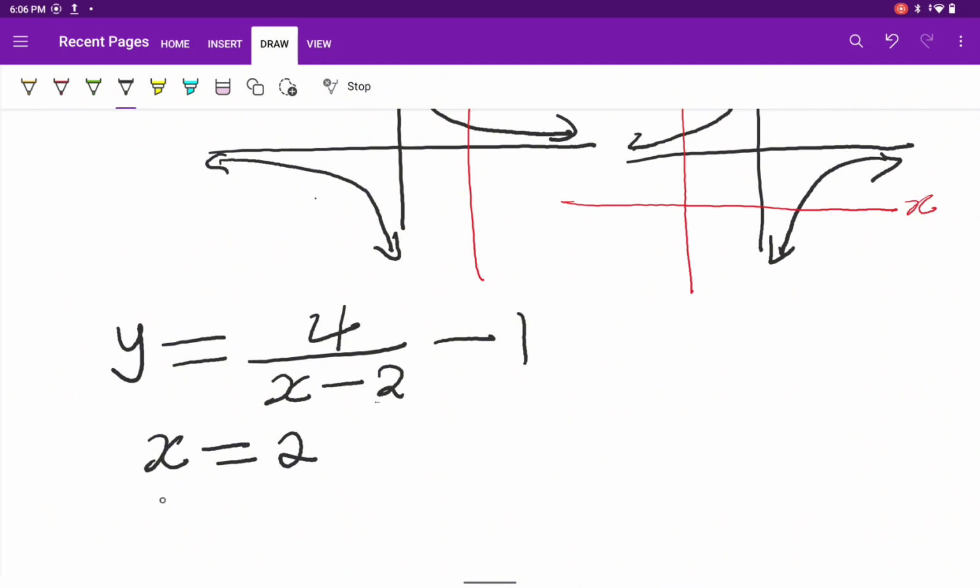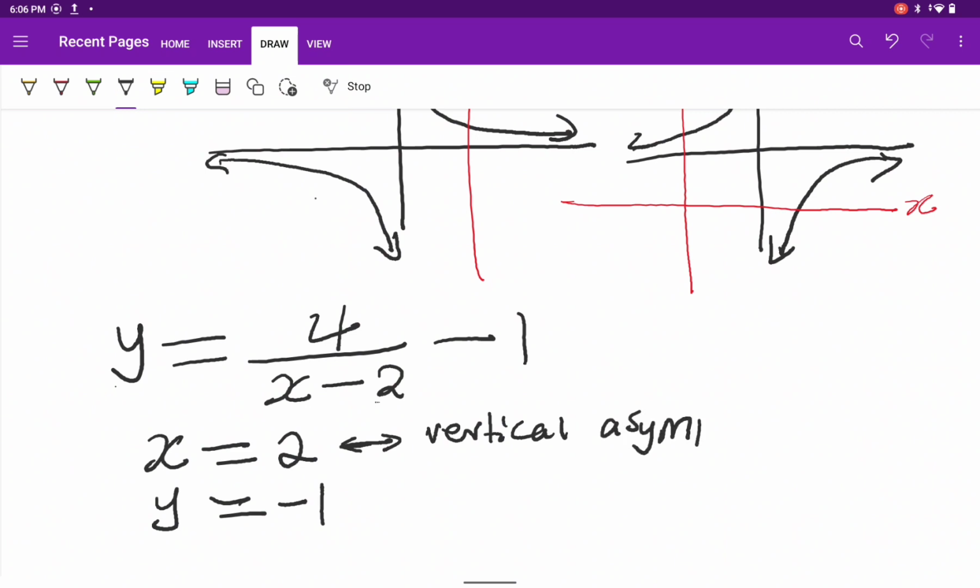And then y, because it's already on this side, we just take it as it is, so it's negative 1. Right, so these are the equations of the asymptotes. So this one is the vertical asymptote, and this one is the horizontal asymptote.